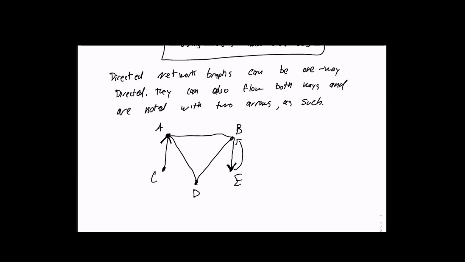So B talks to E and E talks to B. A talks to B. And both of them talk to D. So with an arrow, this is an example of a network graph that's directed. Okay.